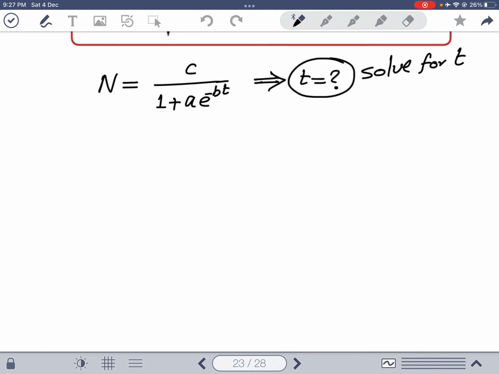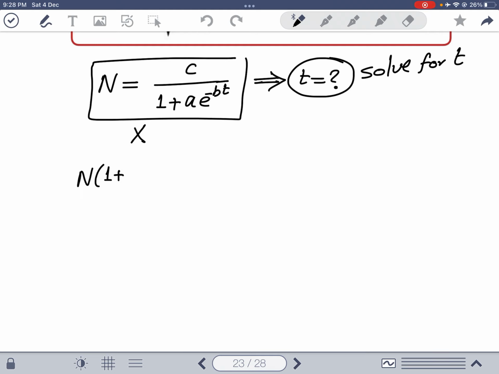Okay, so let's see. To solve for t, first thing I'll do is cross multiply. So n times 1 plus a e to the minus bt equals c. And so now you're looking for t. Remember, always remember, your aim is to get t.